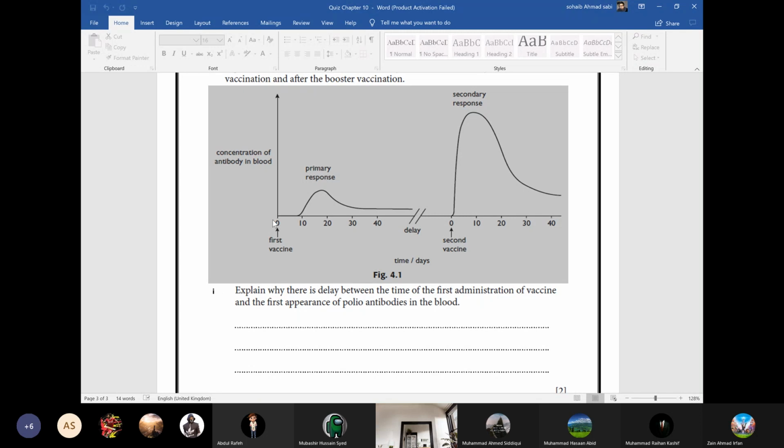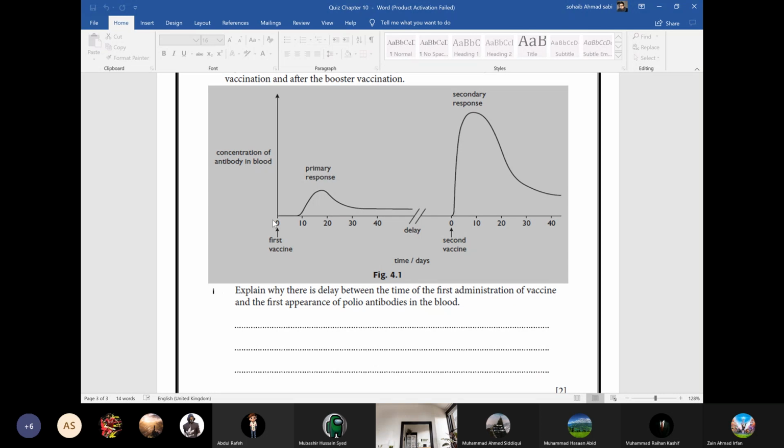Next, they will take time to make plasma cells and memory cells. Next point, it will take time for the plasma cells to make the antibodies. Understood, everyone? So that is why there is this delayed response.